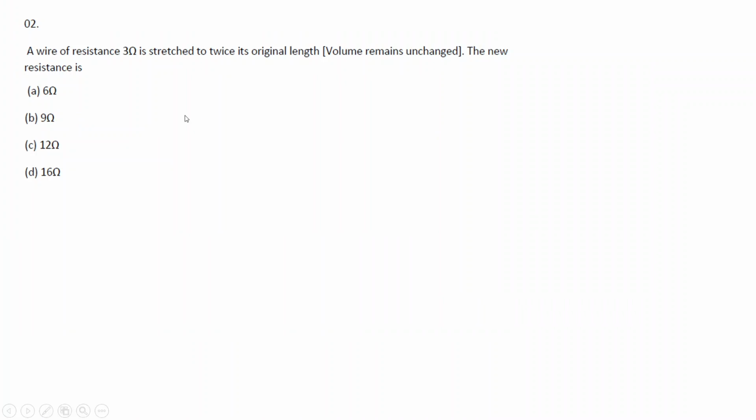Okay. So same question is, a wire of resistance 3 ohm is stretched to twice its original length. So there is a wire of resistance 3 ohm, and this is the original length.